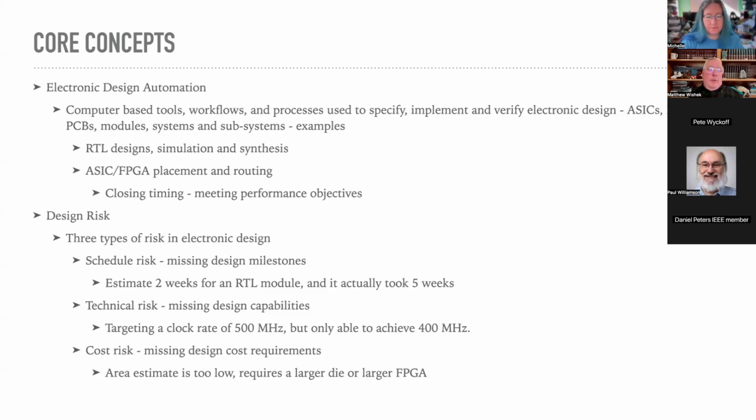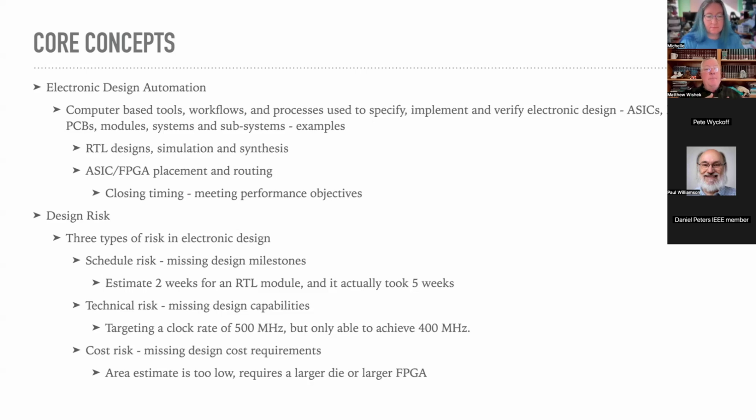So we always want to mitigate these risks as we're doing design processes. And this is one of the areas where AI can potentially really help us: mitigating these risks.